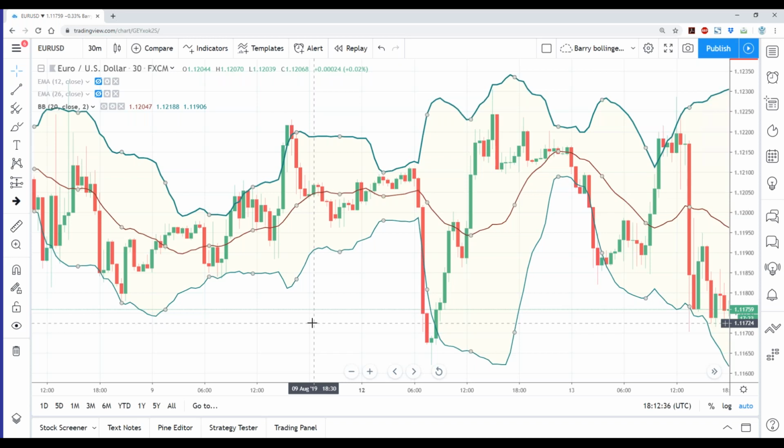Now we've colored in or highlighted the band itself with a pale yellow, and you can use whatever colors you want. This is not the standard color. I use these because they're easy for you to see in class, these color combinations. You could use pink, purple, and red if that's your favorite colors. Doesn't make a difference. So what we have now are our upper and lower band and our moving average band.